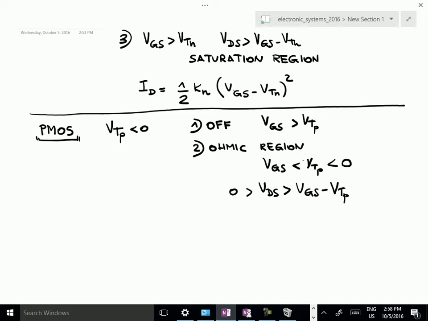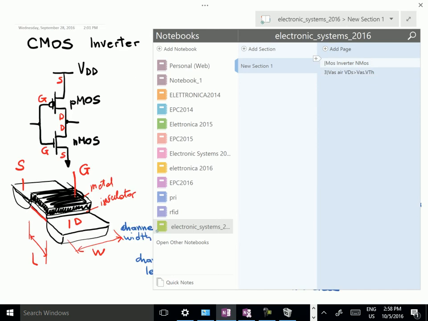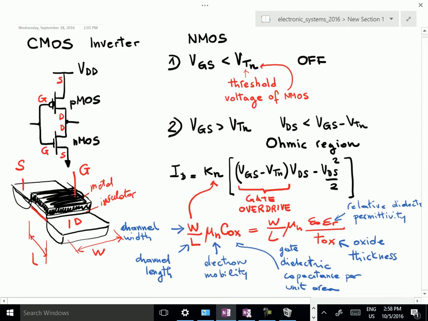By the way, this is something that I should remind you. If you look at the previous sketch, you can see that the source and the drain are identical, from a geometrical point of view, exactly identical.